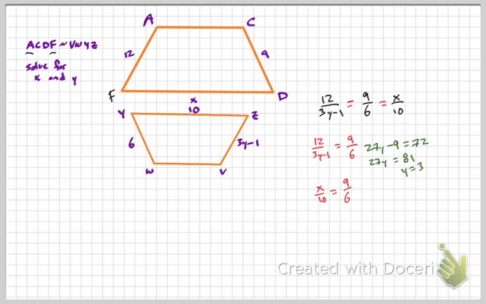For the next one, cross multiply, I get 6x equals 90. 90 divided by 6 is 15, so x equals 15. So as you can see, guys, understanding the whole ratios and proportions is super important for this unit, okay?